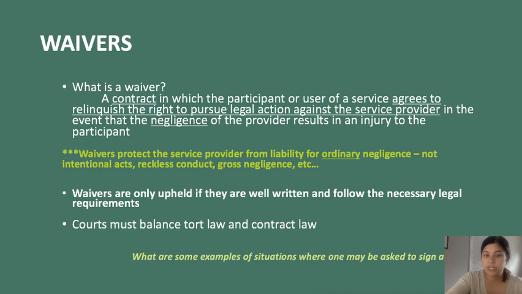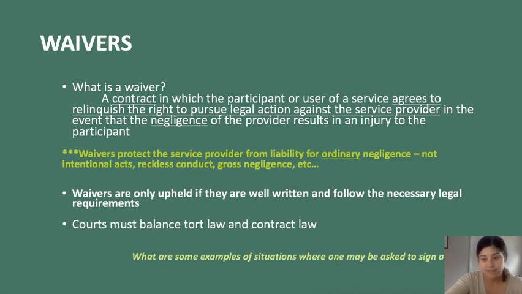One last thing I will mention here about waivers from a broader context is that it's kind of a tricky thing for courts to enforce because, on one hand, courts want to make sure that they are upholding tort law, right? So, someone's been wronged by an organization or an individual. It's the court's job to make sure those individuals are put back into the financial place they were prior to that wrong, right? We know that from our introduction to tort law.